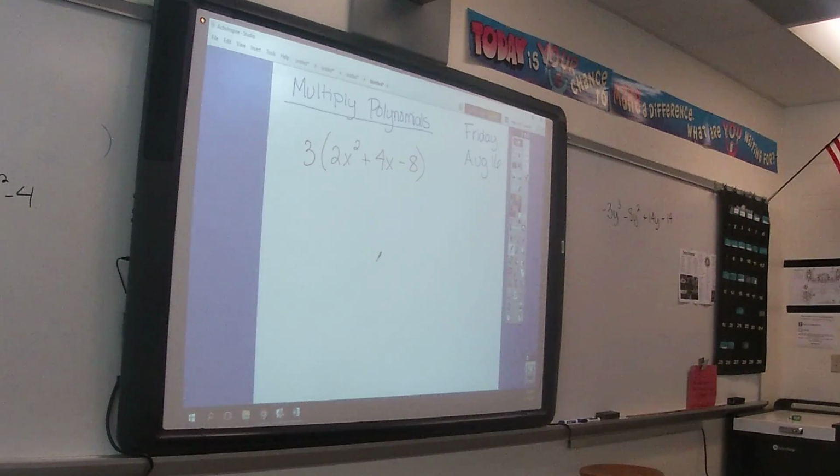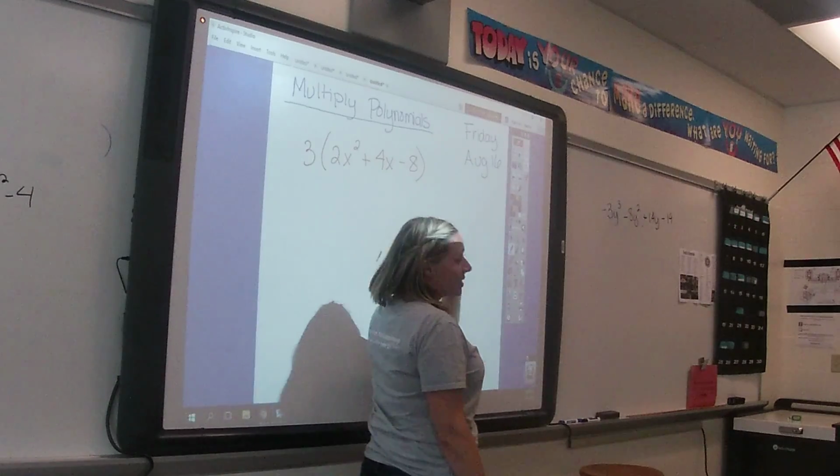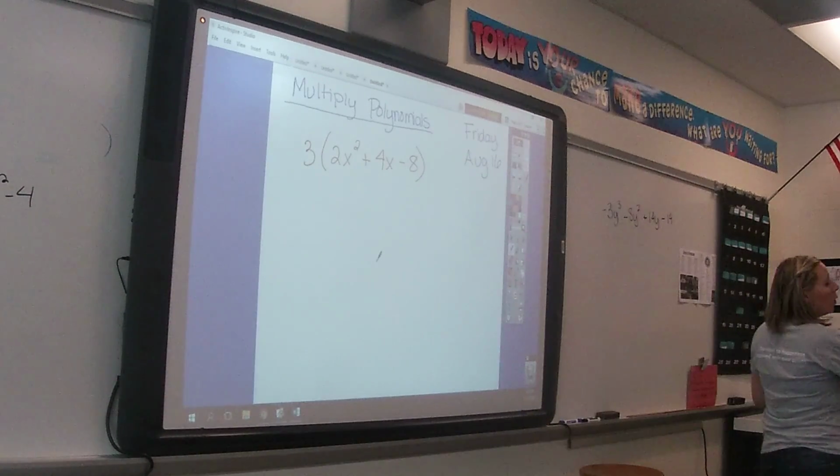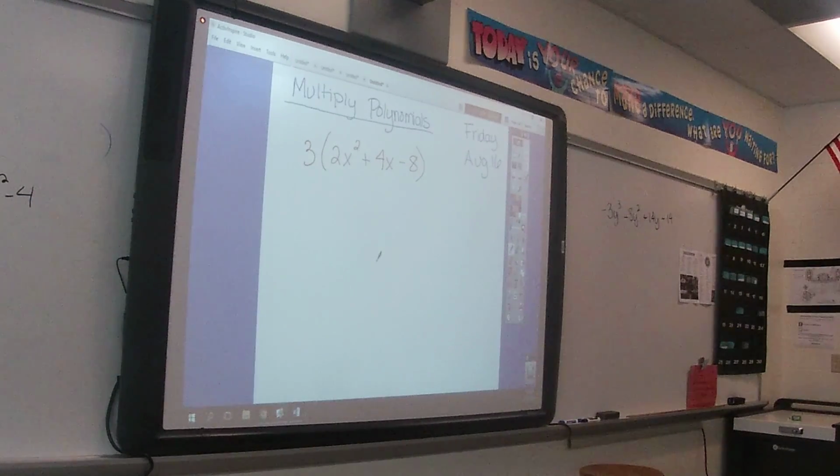And the idea is that those parentheses are representing multiplication. And since there are multiple terms inside of here, we need to multiply that outside number to each individual term on the inside.